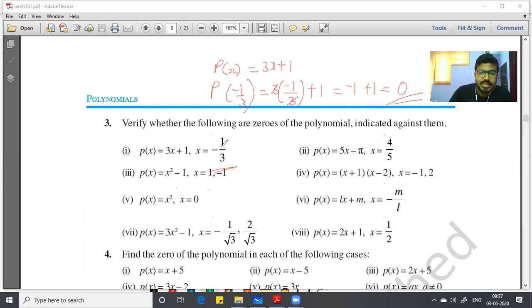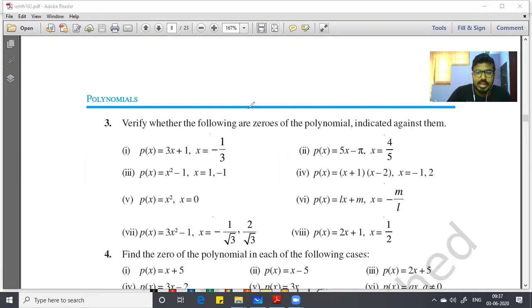So we can say that x is equal to -1/3 is a 0 of the polynomial. Okay, is a 0 of the polynomial. Is that clear, this thing?